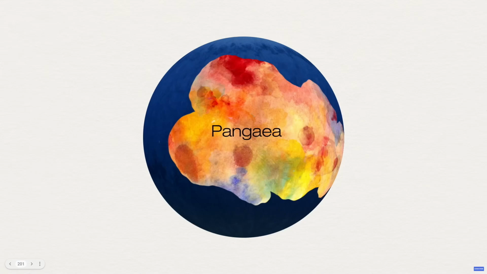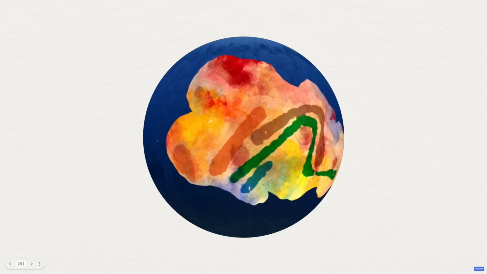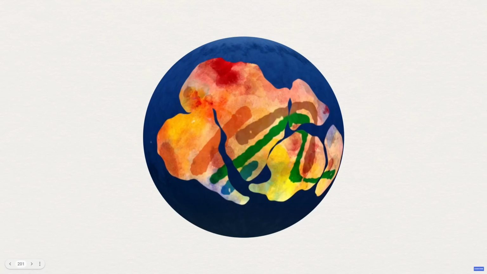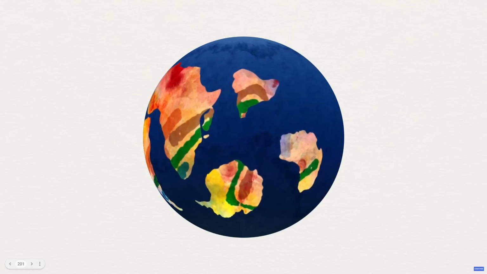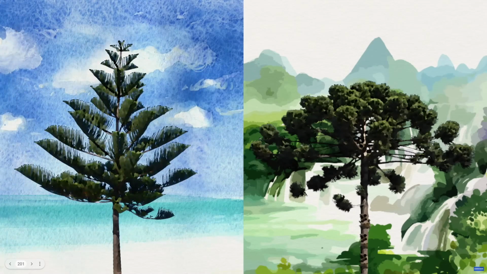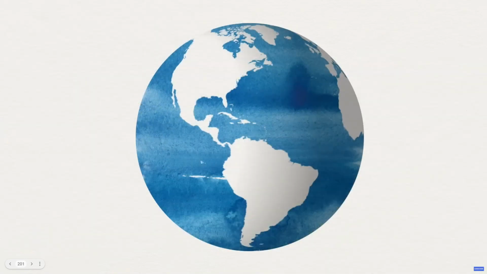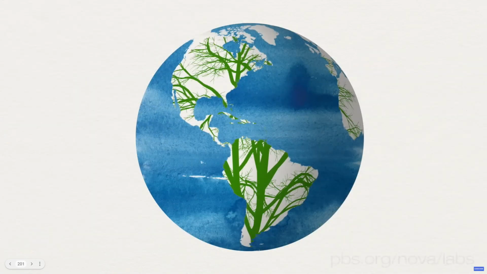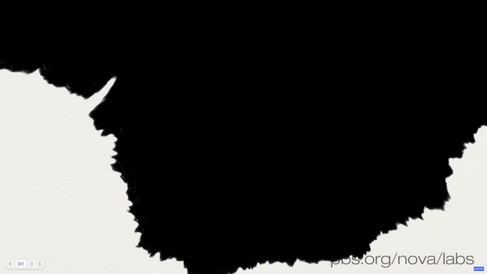There were no vast oceans to interfere with the movements of organisms. But then, starting about 170 million years ago, the continents drifted like vast rafts across the sea. And the species living along the edges, they were split in two. Fast forward to the present day, and you get a plant in South America whose close relatives grow in the tropical Pacific. We can use phylogenetic trees as sort of maps to help us reconstruct the movements of organisms across the planet.